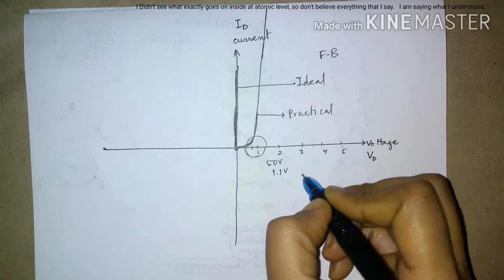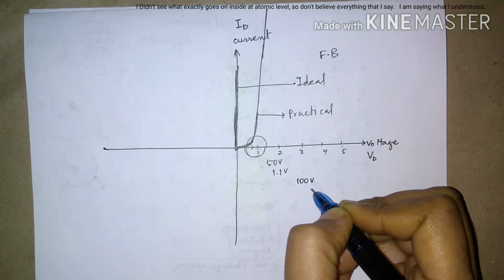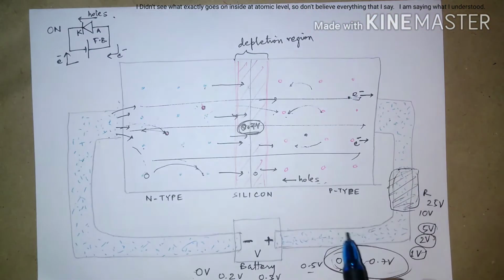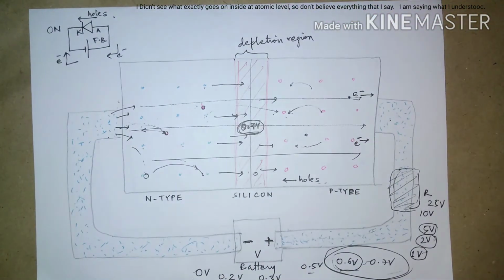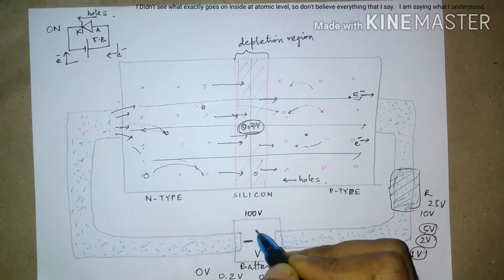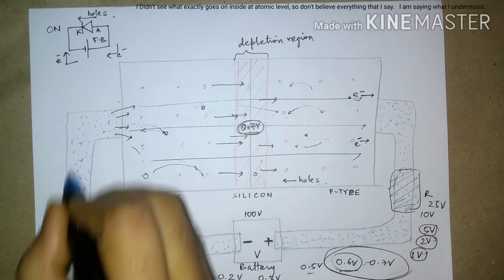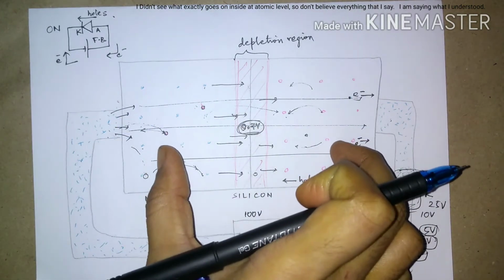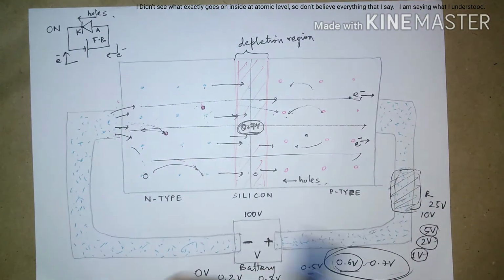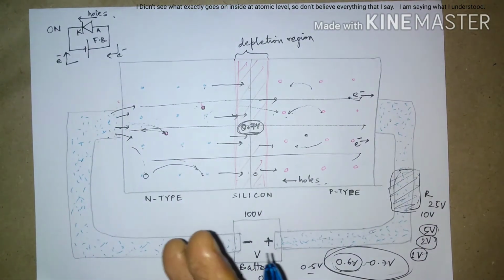If I give more than 50, let's say 100 volts, will the diode be able to withstand? Will this piece of semiconductor withstand if I apply like 100 volts? Let's say it is, what is the change that you see? The force with which the electrons move through this particular material is becoming very, very high. That means this piece completely becomes heated up.